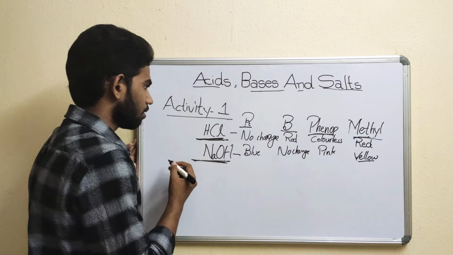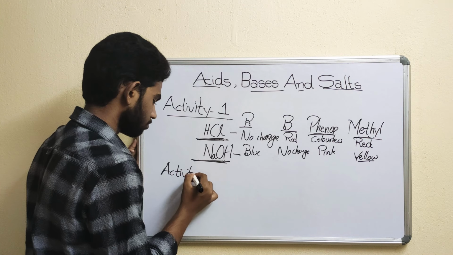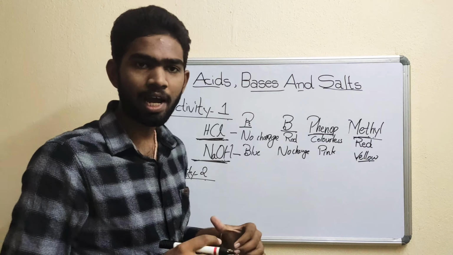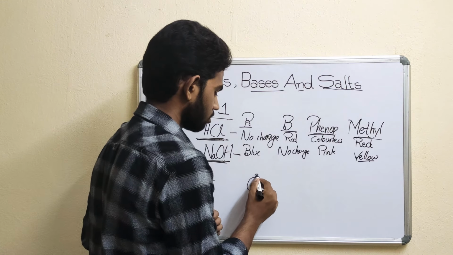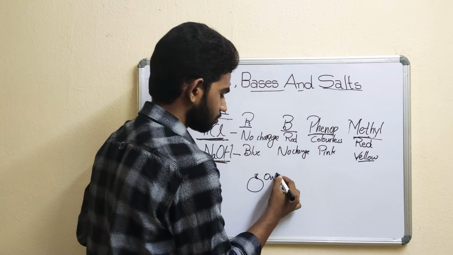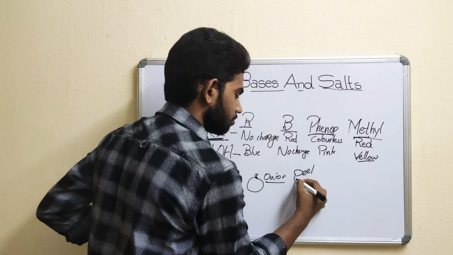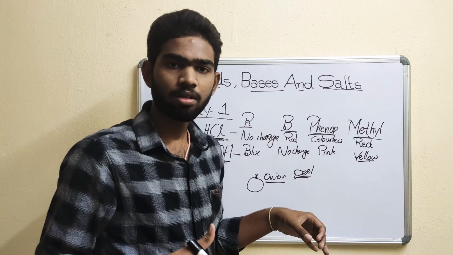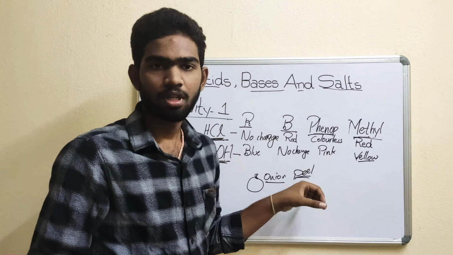Now let us discuss activity 2. This is a simple activity. We have to take an onion and peel it off. The onion peels are put in a cover.